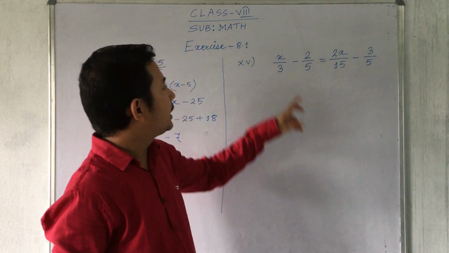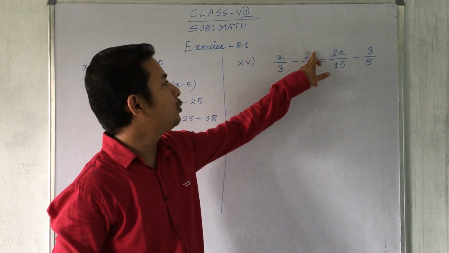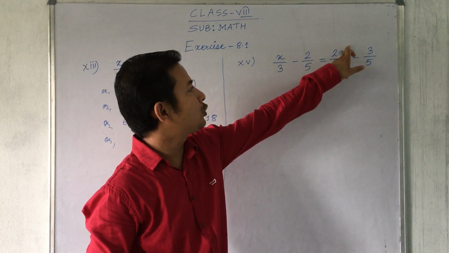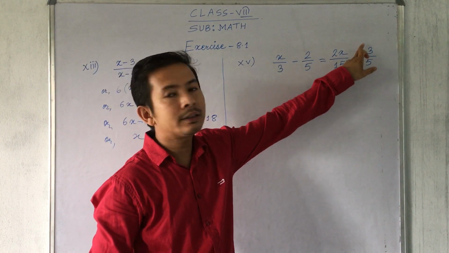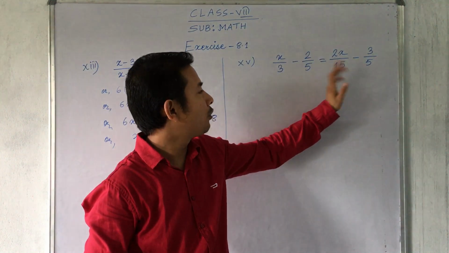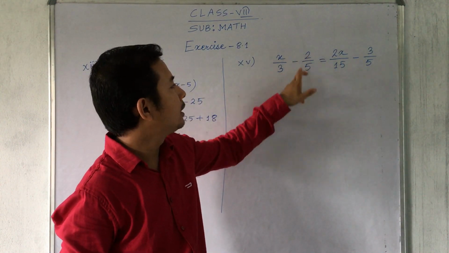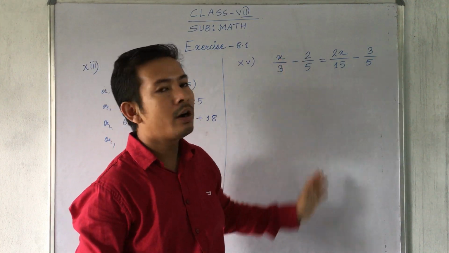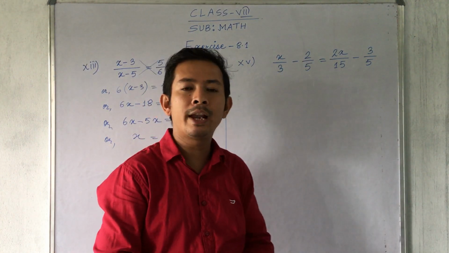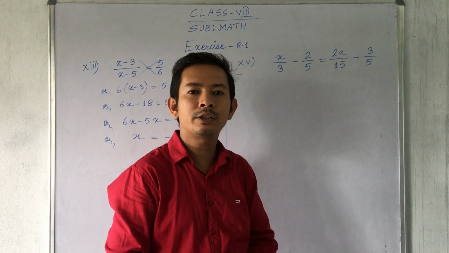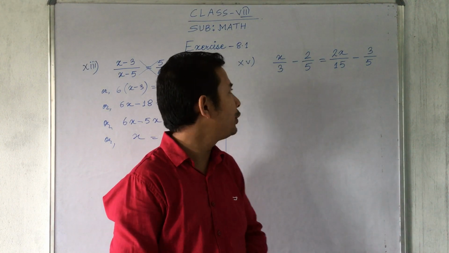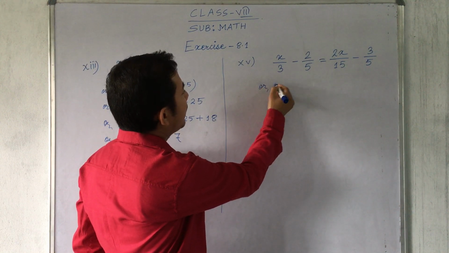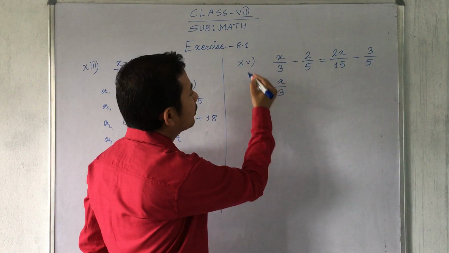Look here, there is x by 3 and there is 2 by 5. And on the other side there is 2x by 15 and minus 3 by 5. So first of all, this is in fractional form, with numbers and variables, and we have to separate them first, as I already told you. So look here, x by 3.